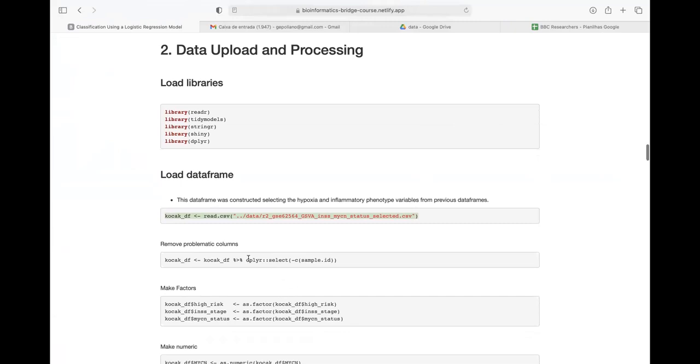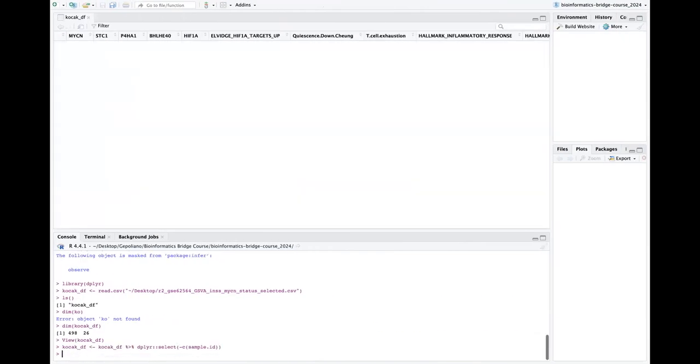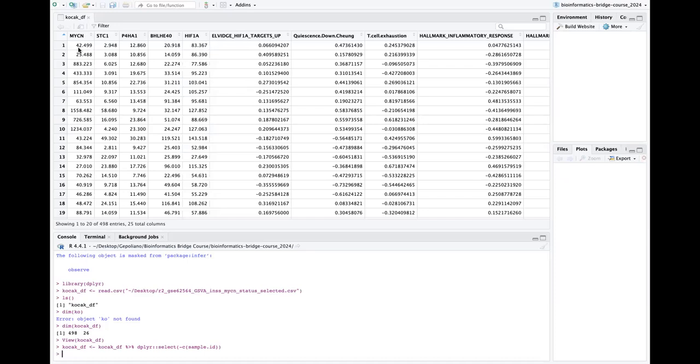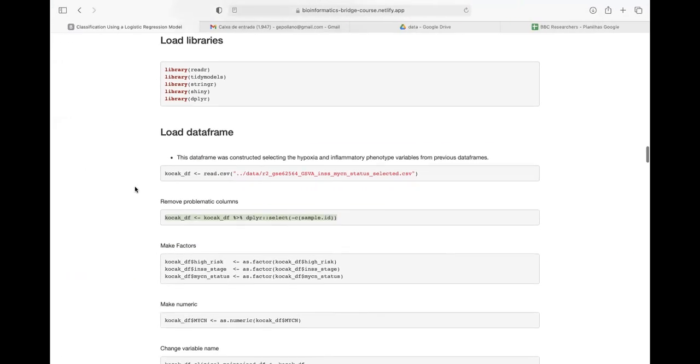So I'm going to remove the problematic columns. For some reason, I have to remove the sample ID column. Let's just go ahead and copy that and paste it here. And now, because I removed the sample ID, now I do not have that as the first column. Now I have MYCN as the first column there.